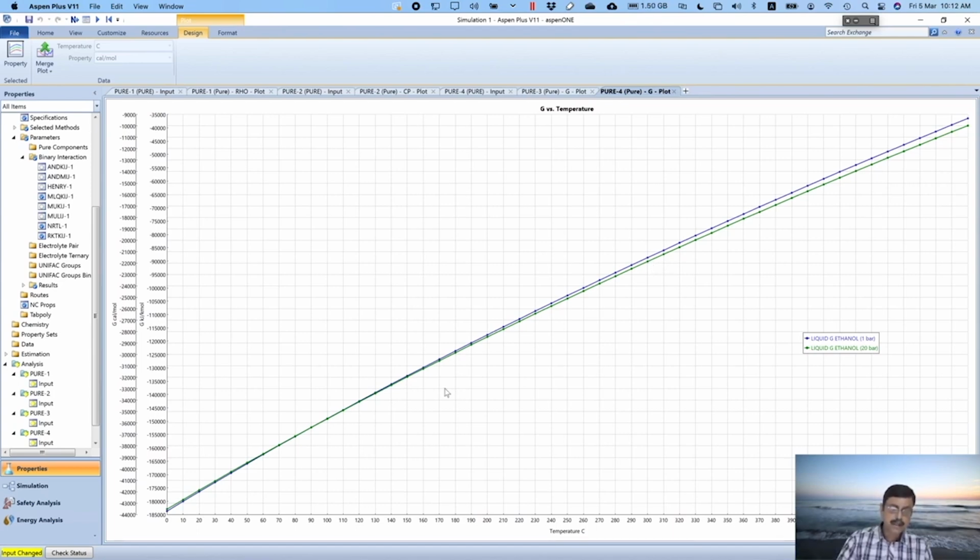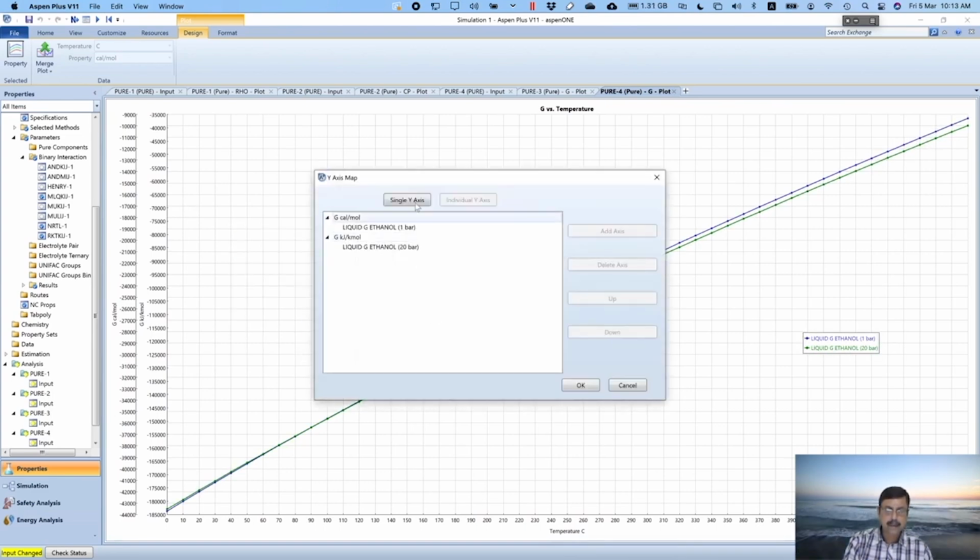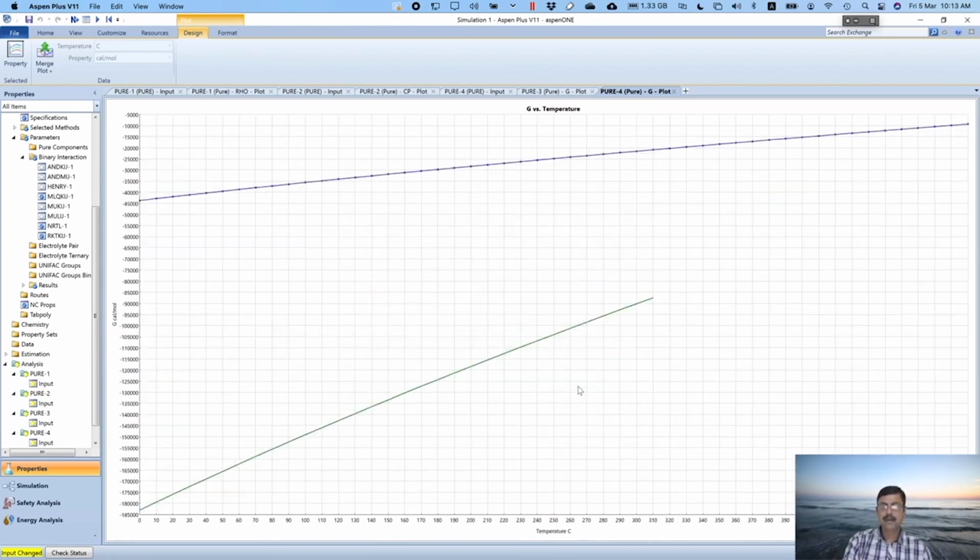But don't think that they are almost superimposing each other, because the y-axes are at different scale. Although their temperature scale is same, 0 to 500. Now we can compare it in a better way by merging the y-axis. So for that we have to press y-axis map and press single axis and press OK. Now it is better.